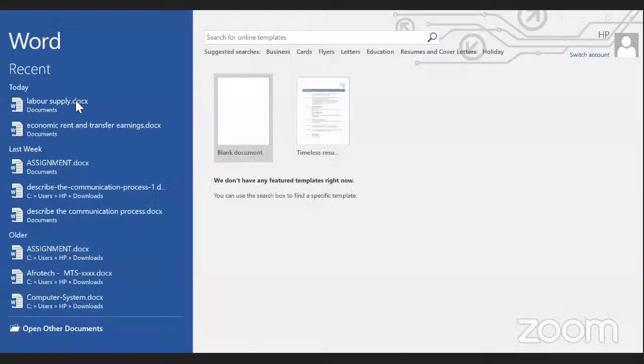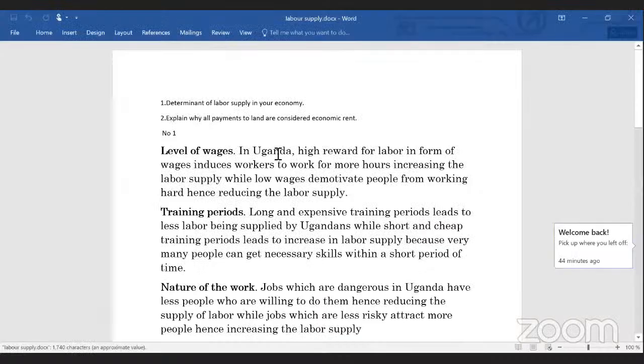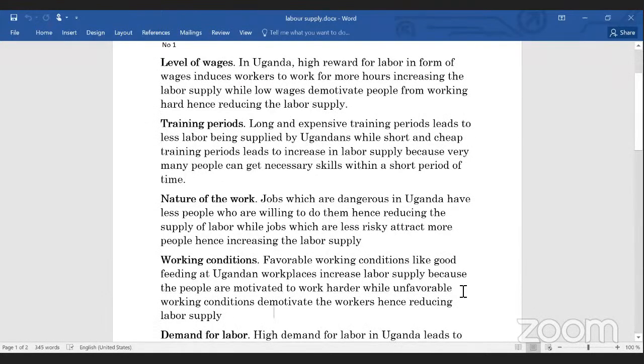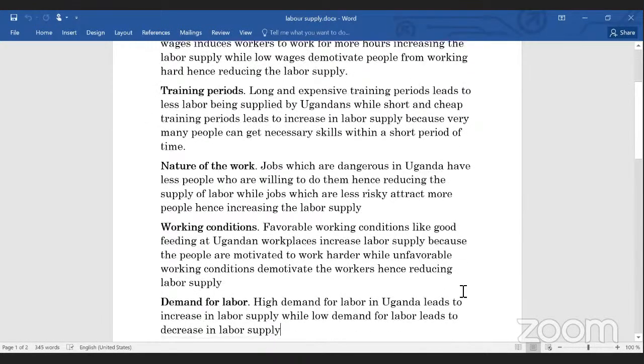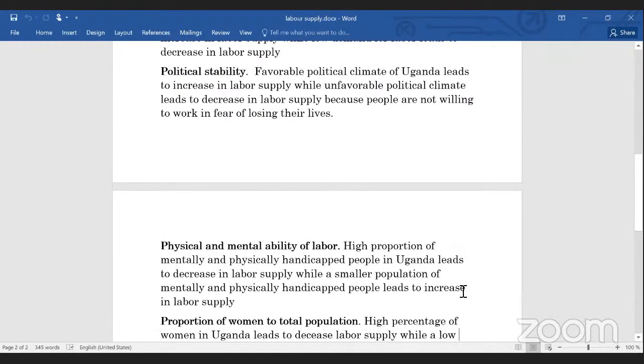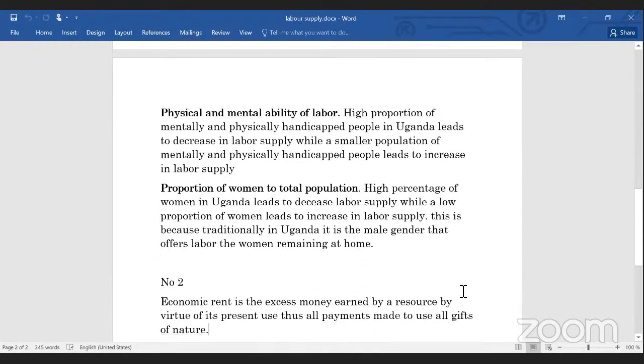Because the supply for land is... I think I did not understand the question.